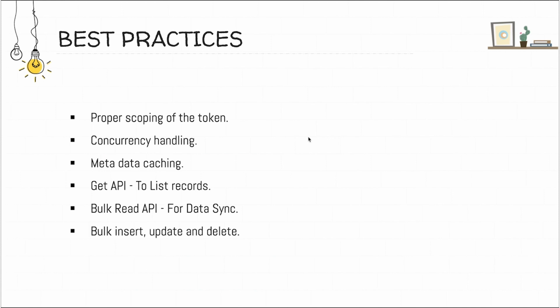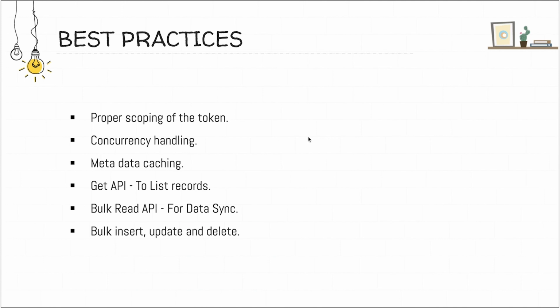And in order to fetch information, there are two different types. One would be to display that information in your website or your application. In that case, you could use a normal GET records API. But if you have to perform any data sync with a third-party application, like updating fields in the third-party application from Zoho CRM, then you could go for the bulk read API. Let's say I have about 100 records I need to update now, and 500 ten minutes later.